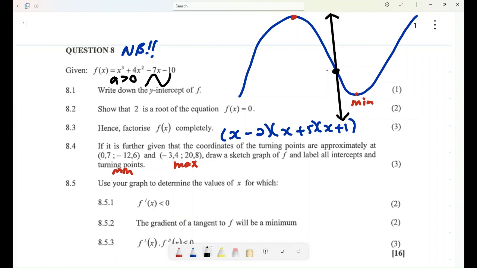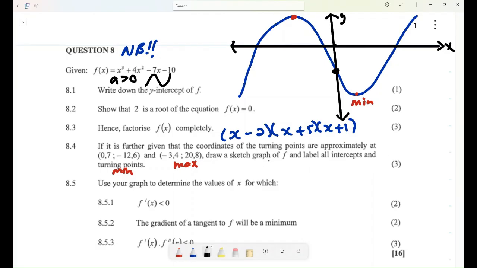Why? Because it is your y-intercept, right? Then for the x-intercept, just do this. Because this is y, let's say this is 0 somewhere here. Name this your x. Name this your y.